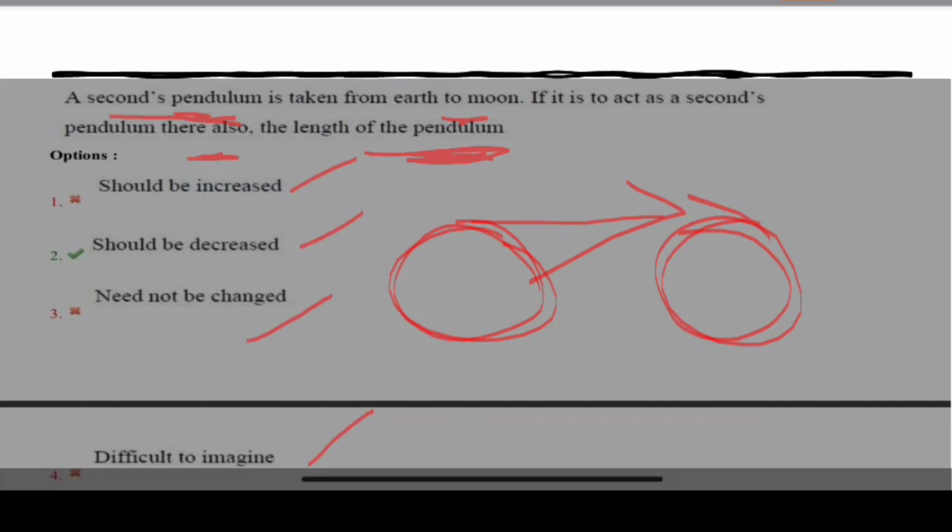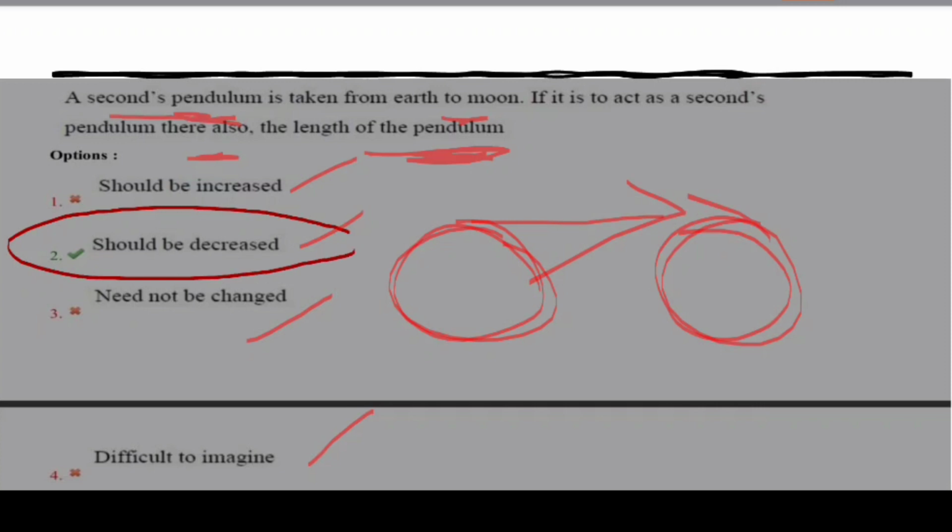It should be decreased. The length of the seconds pendulum should be decreased. Then only it acts as a seconds pendulum and works on the moon.